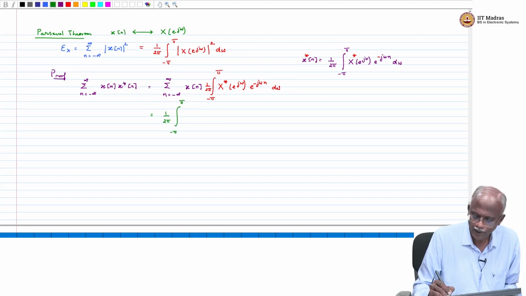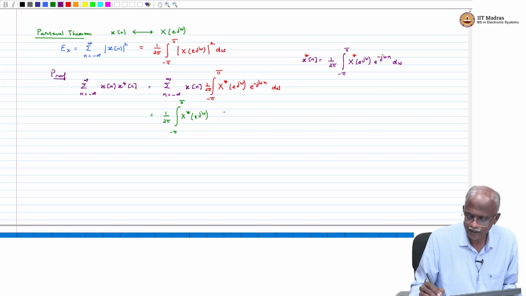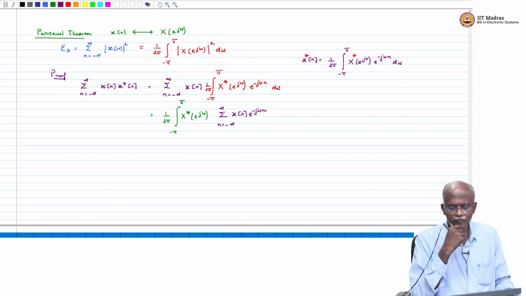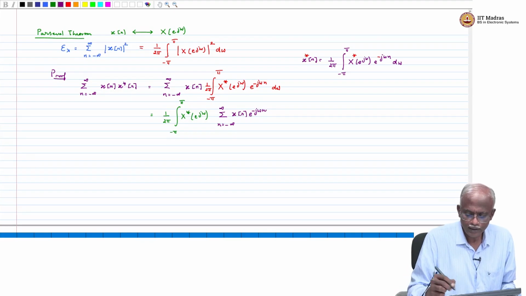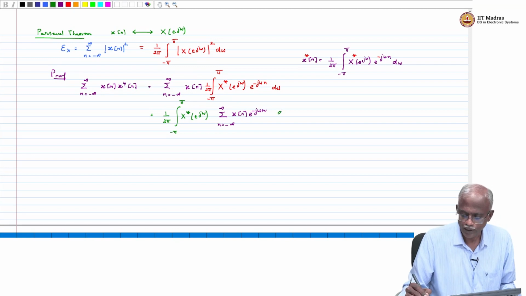Minus π to π, X conjugate e of j omega, take the summation inside, summation n equal to minus infinity to infinity x of n e power minus j omega n, and of course there is a d omega.